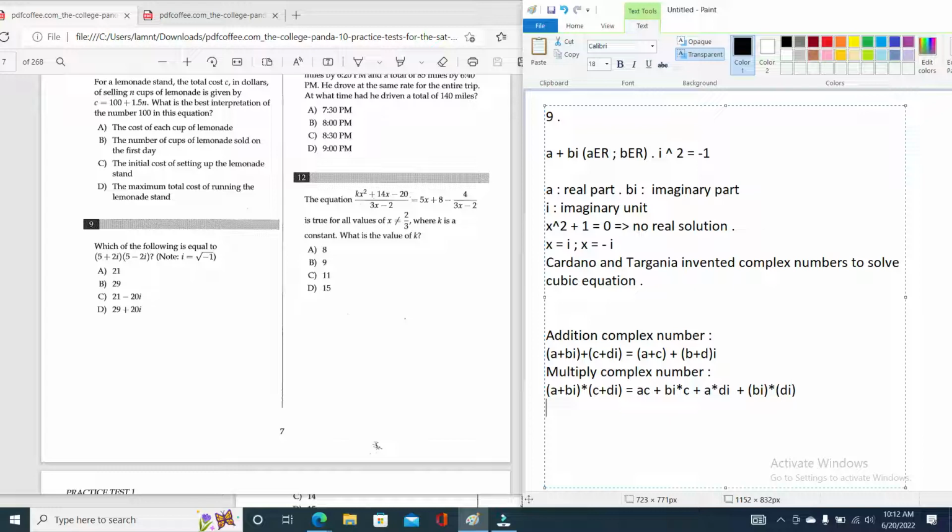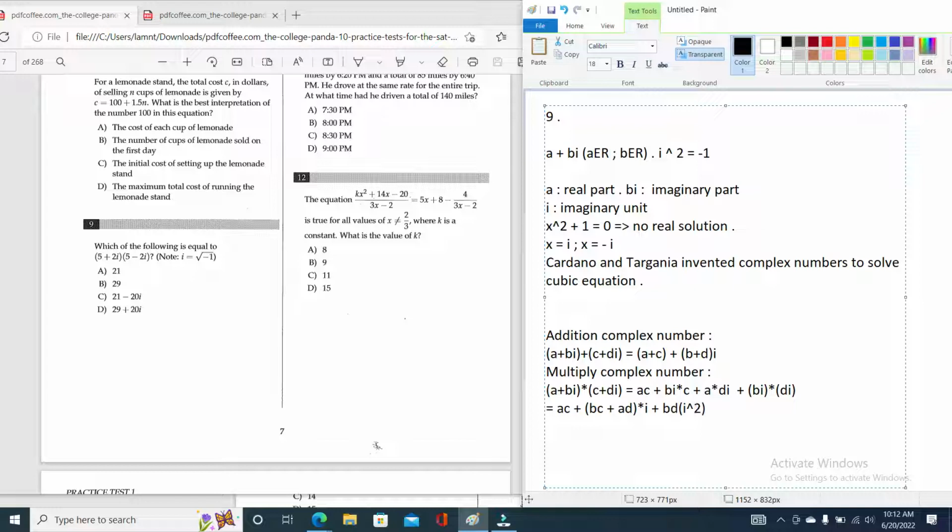Let's work out this calculation. ac we keep the same. bci and adi have the same factor of i, so we put it outside the bracket. Inside we have bc plus ad. And here we have plus bd times i squared.